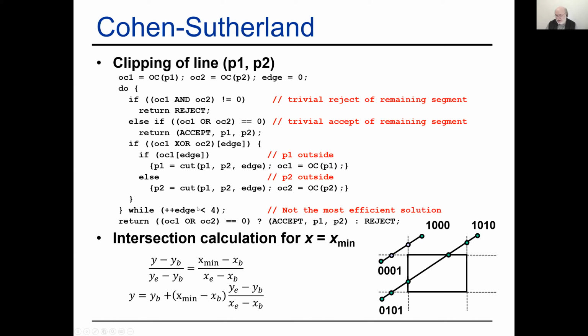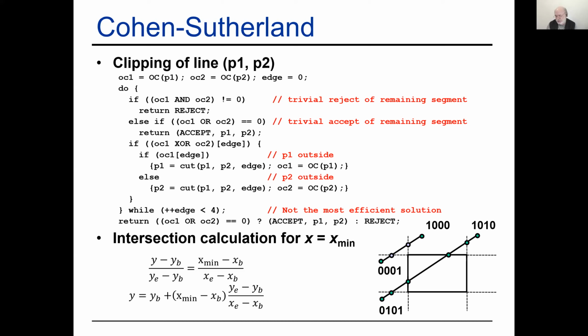And then, the critical point is when we replace a point by an intersection point, we also need to compute the outcode of that intersection point, right? Because we don't have an outcode for that new endpoint of the line.